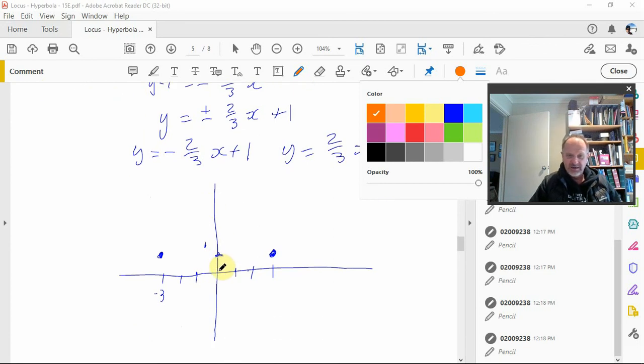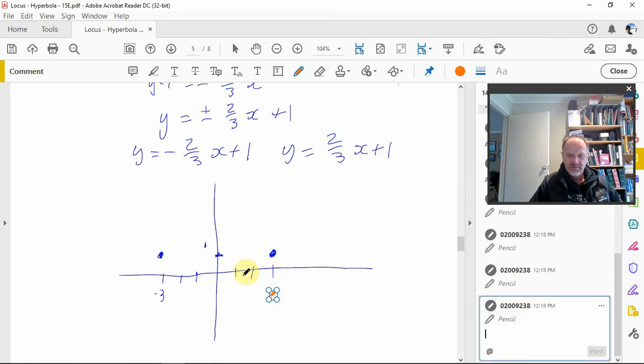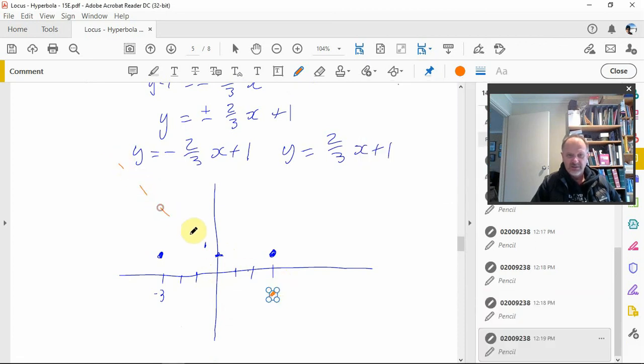So I go down 1, 2, and across 1, 2, 3 to there. And so one of my asymptotes goes there. Then for this one here, rise over run, +2, so up 2 and across 3 to there. And so this one goes like that.